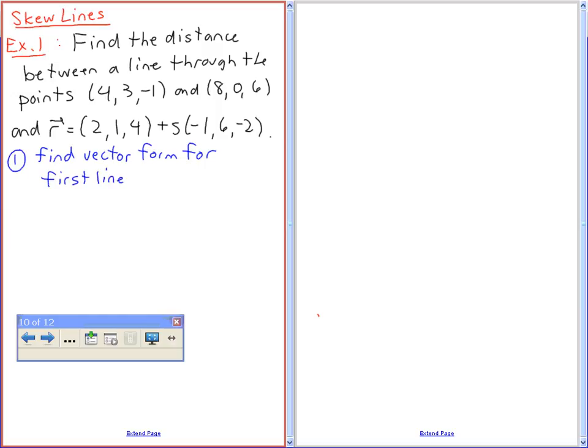I'm going to call this A and this B. So vector AB is 8 minus 4, 0 minus 3, and 6 minus -1. So vector AB is equal to 4, -3, and 7. Therefore, my first equation is going to be, we'll say, W.